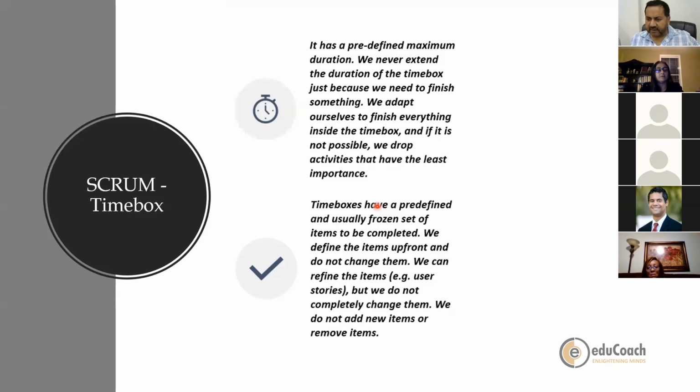When you pick up the items, you also define the sprint goal, so the sprint goal has to be adhered to. Even if you're trying to add an item, you have to ensure that it is as per the sprint goal. Removal of items can also be done, but again, to ensure that the sprint goal does not get jeopardized. If the sprint goal changes, then it becomes a major problem.